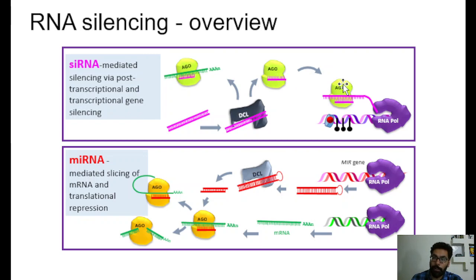Argonaute will take it to the RISC complex, where it will be further processed. In miRNA mediated silencing, what is happening? The miRNA will bind to the mRNA, and translational repression will happen, also known as post-transcriptional gene silencing. Okay, so these are the basic RNA silencing phenomena.